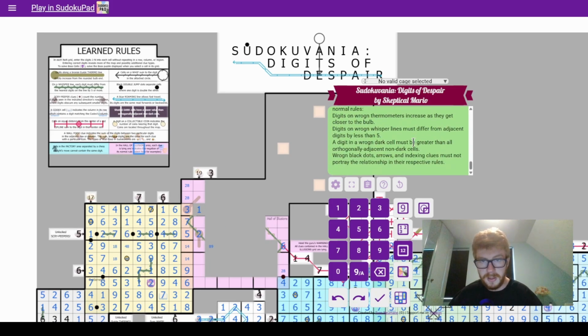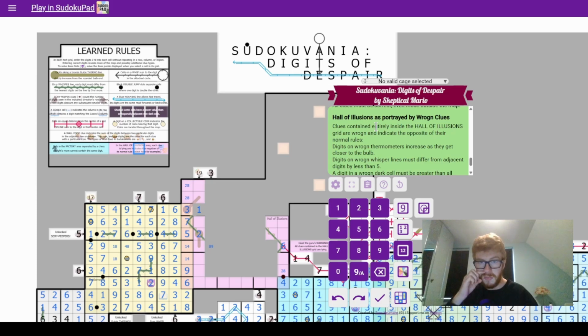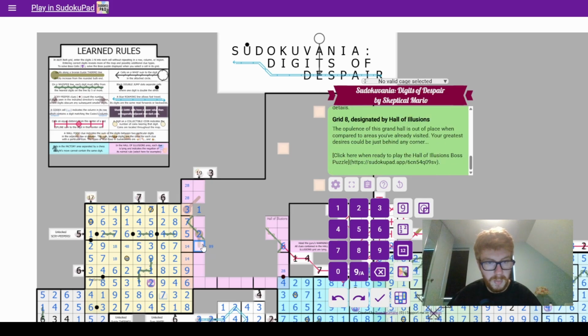Give me a clue back. Digits on wrong thermometers increase as they get closer to the bulb. So this increases. So that's a... So that... But then that must be a 1.